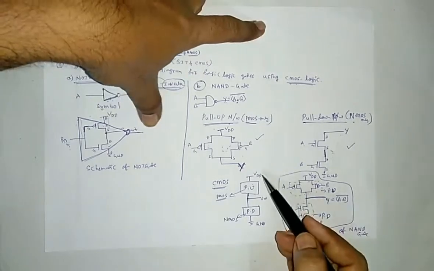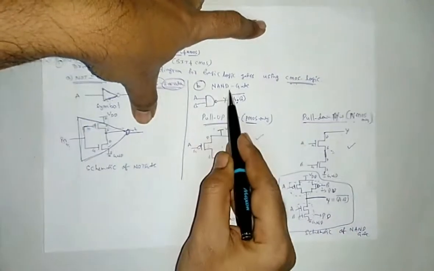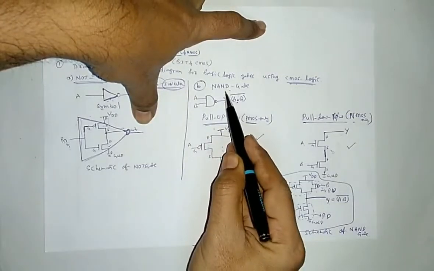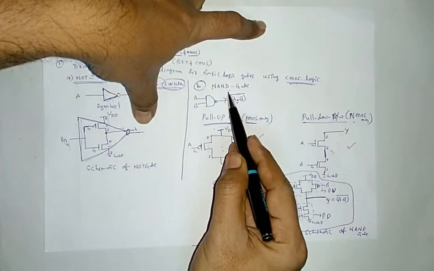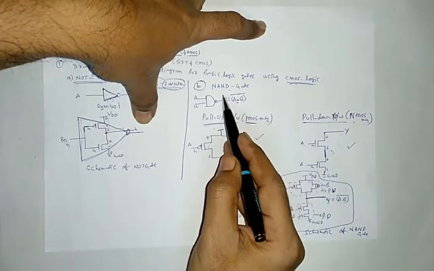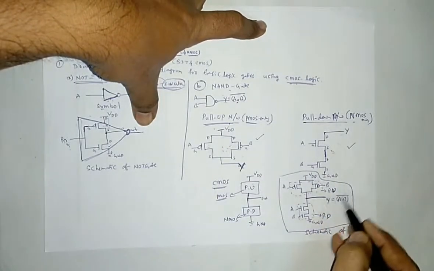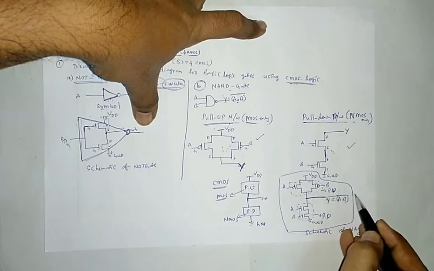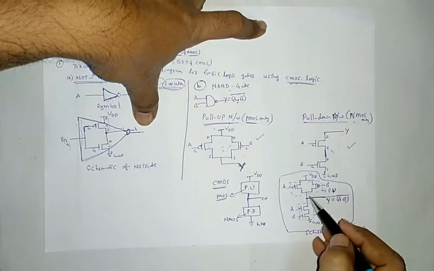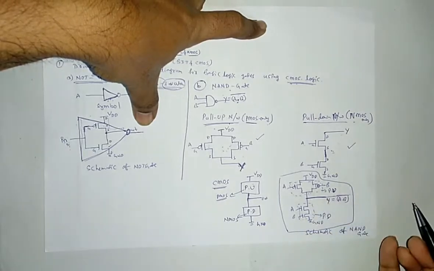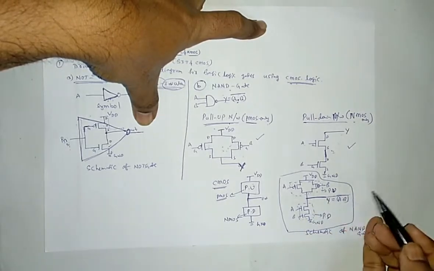Here I want to tell you one thing. This is a NAND gate. Can we construct an AND gate? Yes. How? If you connect an inverter at this output terminal, then you will get the AND operation. Yes or no? NAND, then NOT gate, it will give AND.